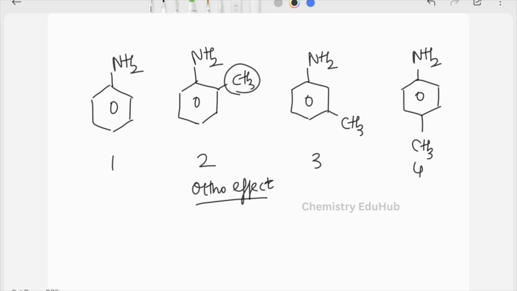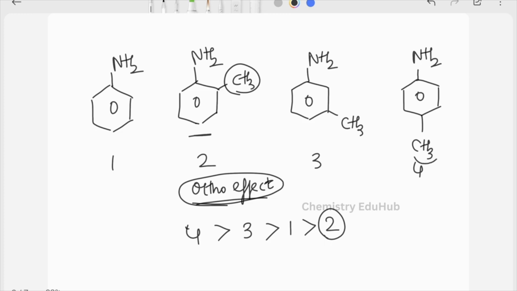Okay, so the order will be para greater than meta greater than simple aniline greater than the ortho. Ortho is least basic because of the ortho effect present at the ortho position. Ortho substituted amines are less basic compared to that of the para and meta substituted amines.